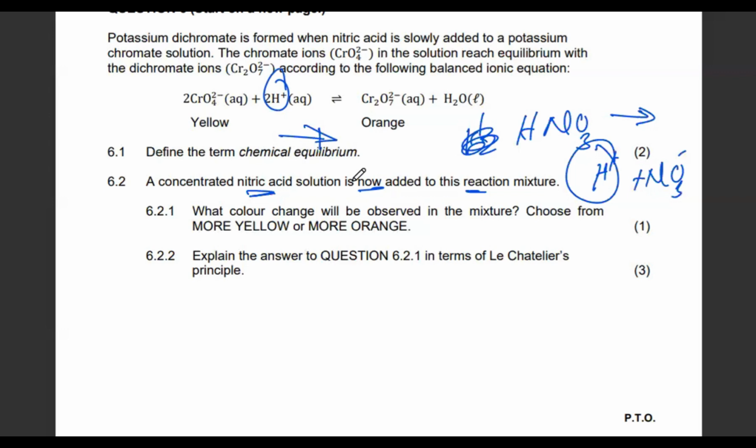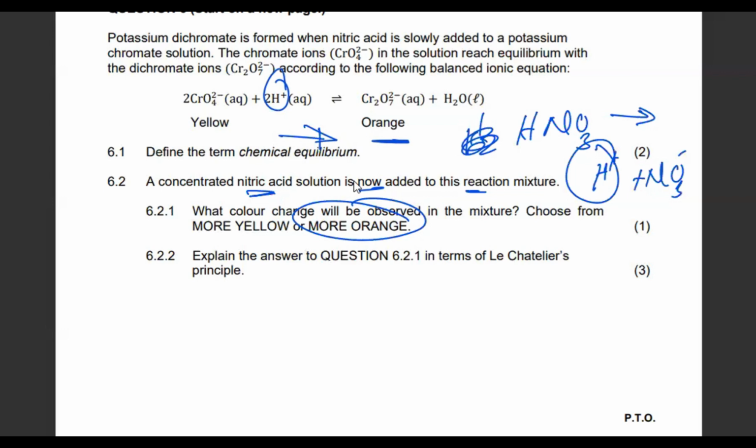So it is going to turn more orange. What color will be observed? Choose from yellow or orange. It's more orange. Then you're saying to explain your answer.